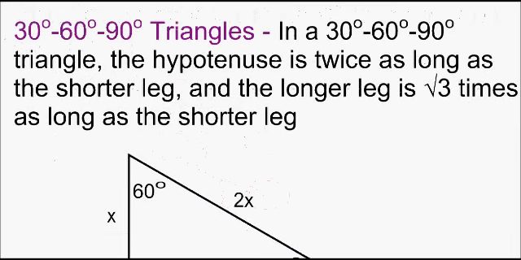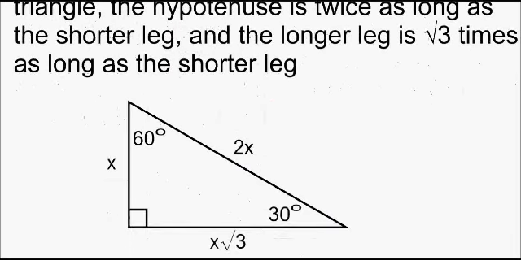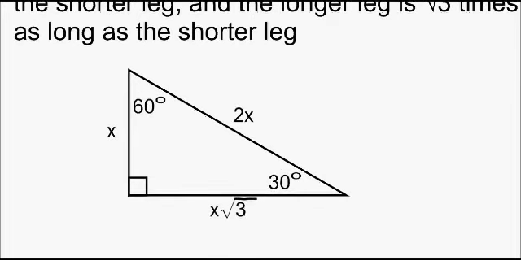The 30-60-90 triangle is another right triangle, but it also has a 30-degree angle and a 60-degree angle. This one is a little bit more complicated. So the side across from the 30-degree angle is always x units long, or 1x units long.